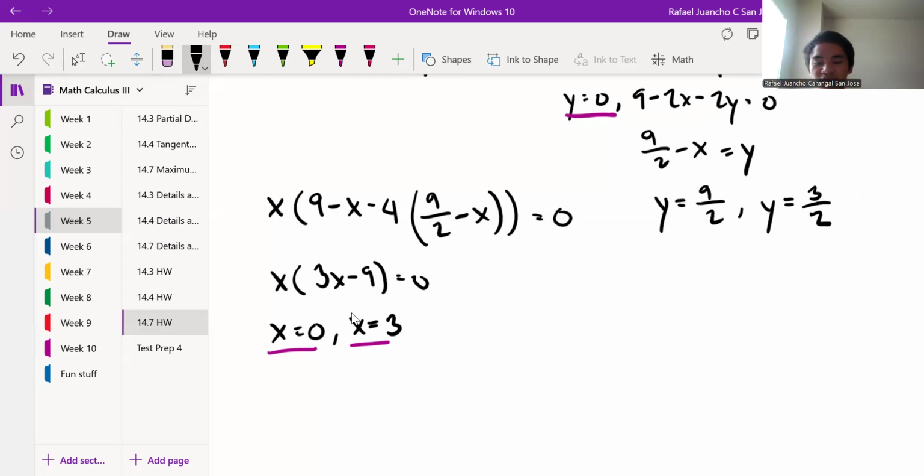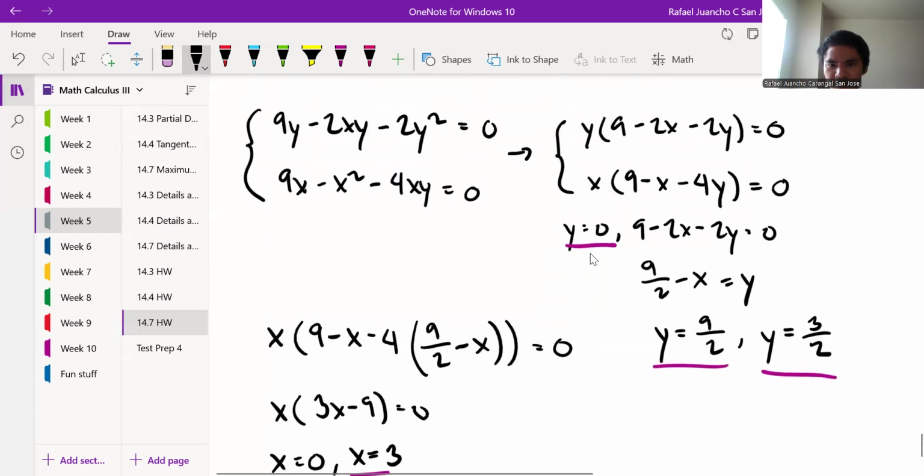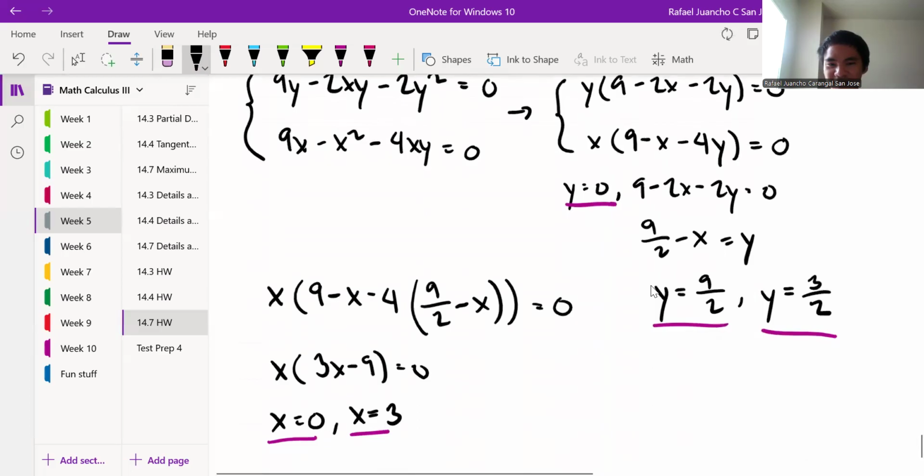So those are the two things that y could be. Or y could also be 0. There's a lot of critical values that we can go for, right? That's interesting.